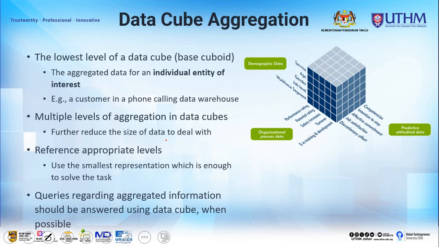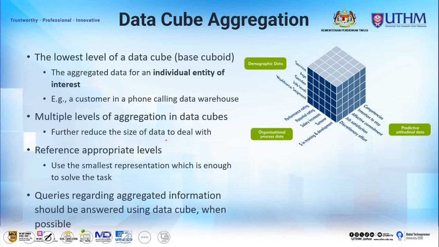For example, in a phone calling data warehouse, the base cuboid might represent data for a single customer. For example, consider a data cube that stores call records. The base cuboid could contain details such as customer ID, call duration, call time, and call type, local or international.